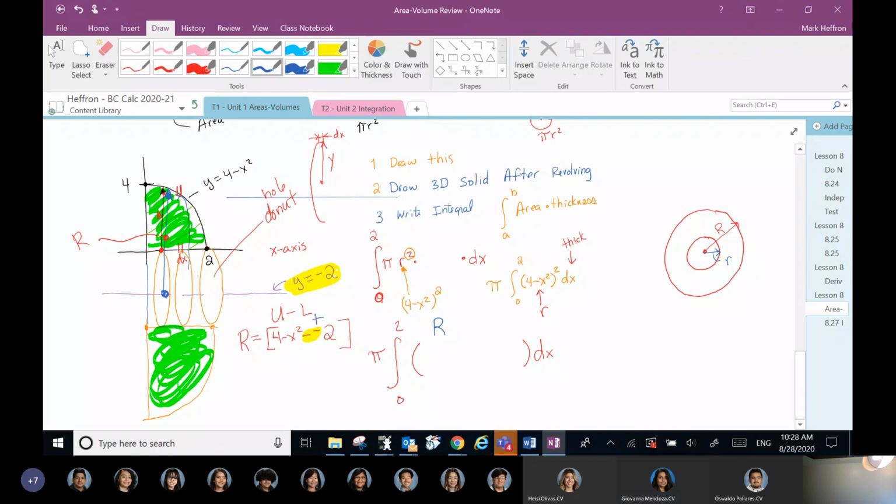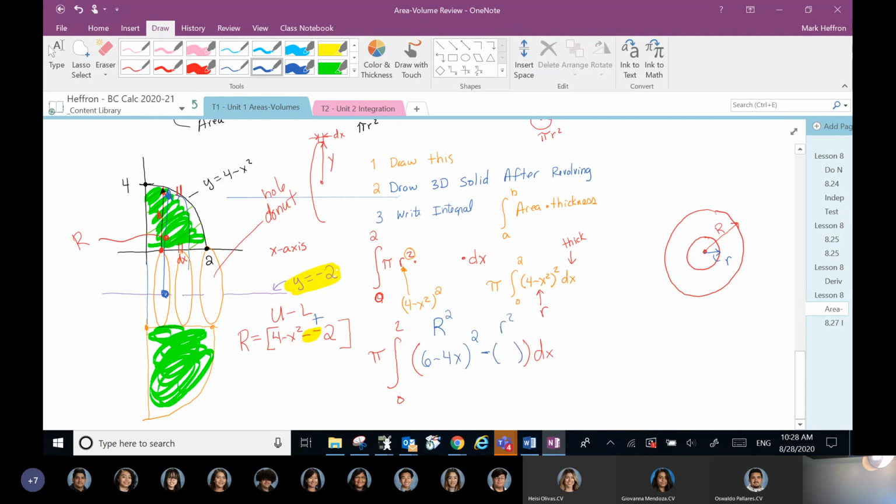Yeah, and our radius got bigger by moving that axis down. Because we moved our axes down, the radius actually got bigger. And so we could think of this as 6 minus 4x, and that whole thing gets squared because we have big R squared minus little r squared.